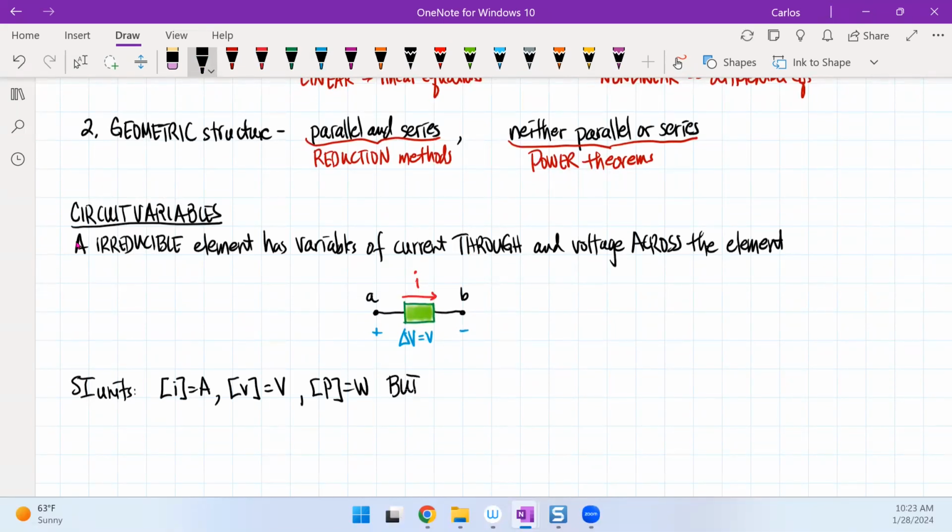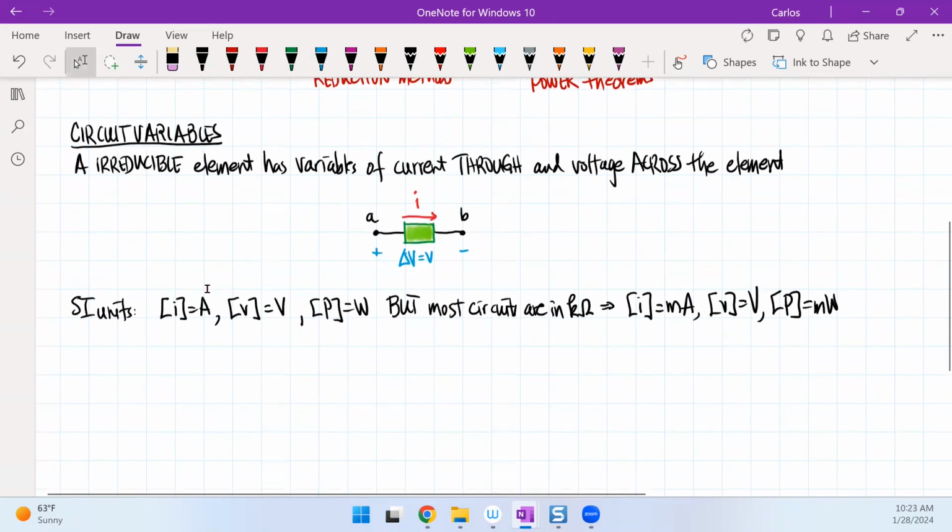But most circuits are in kiloohm units. As a result, the unit of current is milliamp, the unit of voltage is still volt, and the unit of power is milliwatts. So you have to worry about putting in those milli because of that.